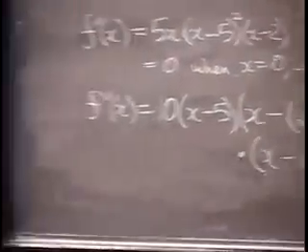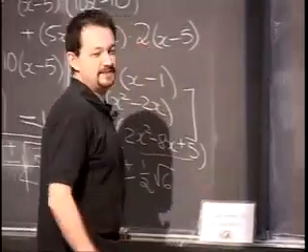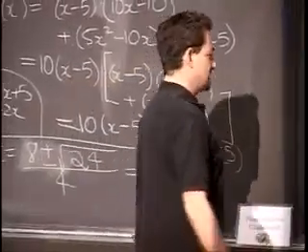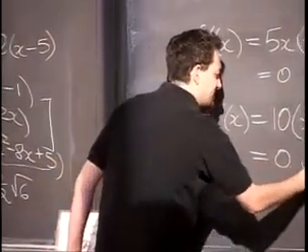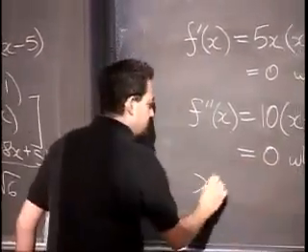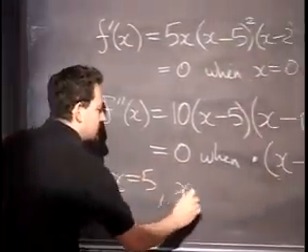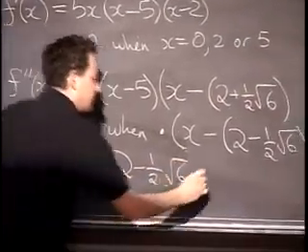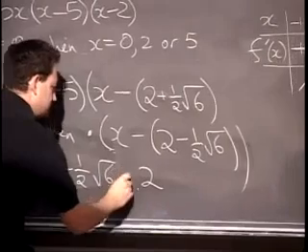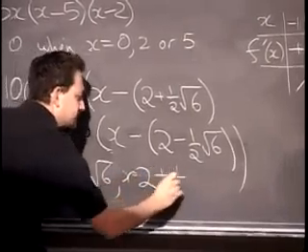If you can deal with these messy things, you should be able to deal with the nice things that often come up as well. In any case, this equals 0 when x equals 5, x equals 2 minus a half root 6, or x equals 2 plus a half root 6.